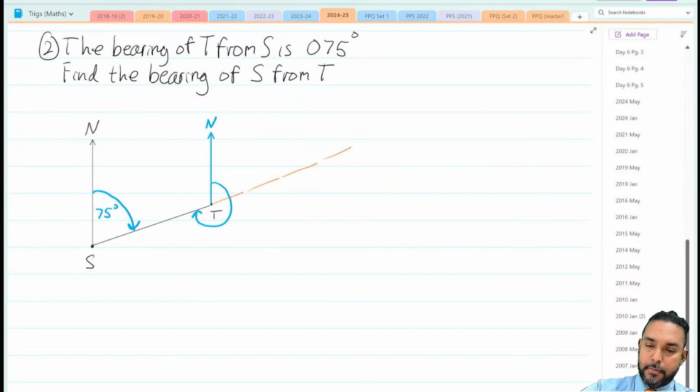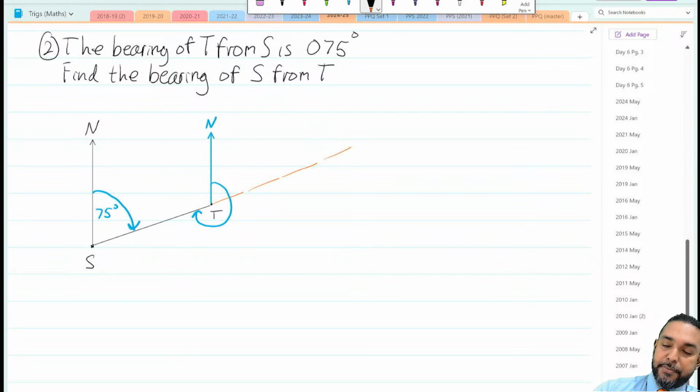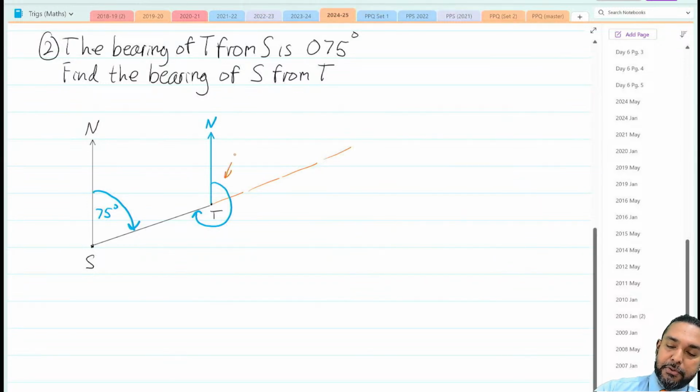Right. Because those two north lines are mutually parallel, and we have this line connecting them and passing through them, we have F angles being created, which means that this angle here is also equal to 75 degrees. And this angle down here is on a straight line, which makes it 180 degrees.